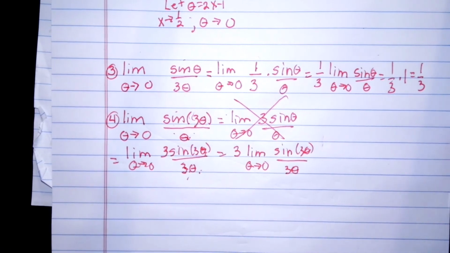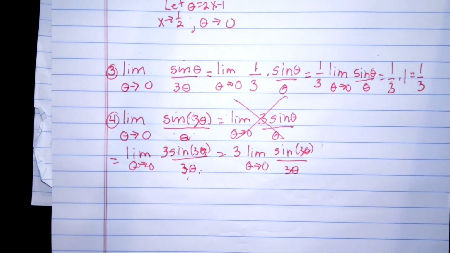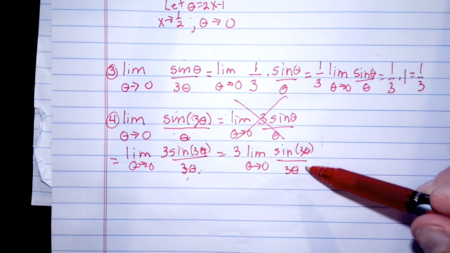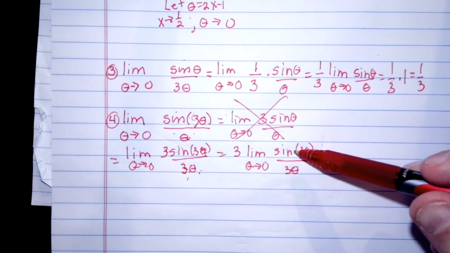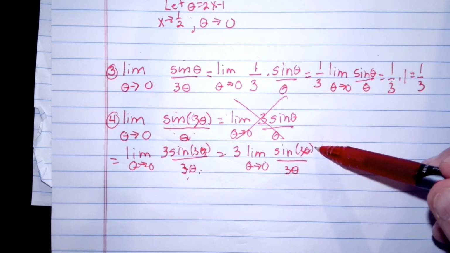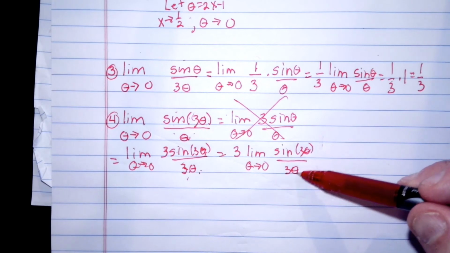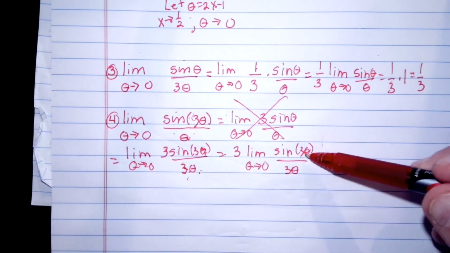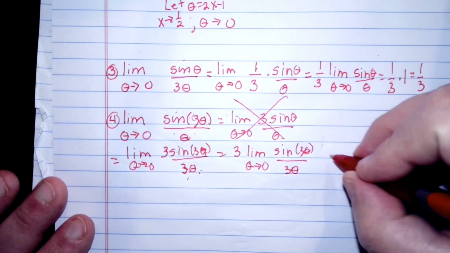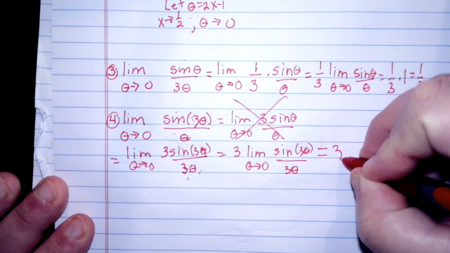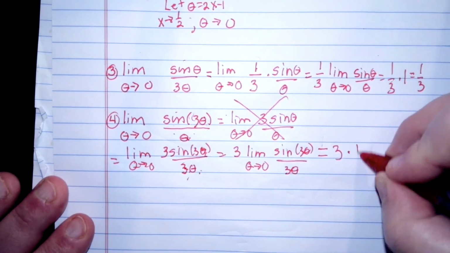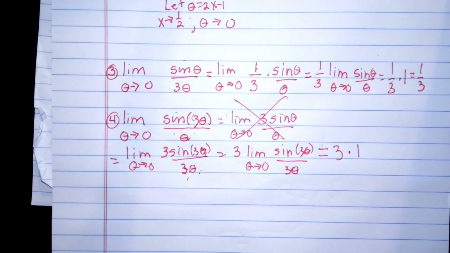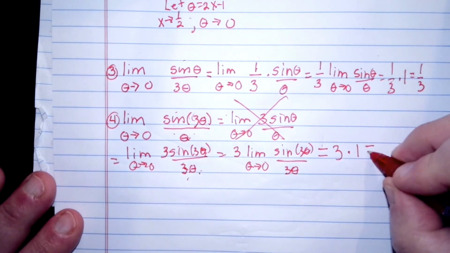And now you can either do a substitution like we did up here in example 2, or you can just note what we said before. If you've got the limit of the sine of some expression over that same expression, and that expression is tending to 0, the limit is 1. And don't forget the 3 out in front. And so our answer is 3.